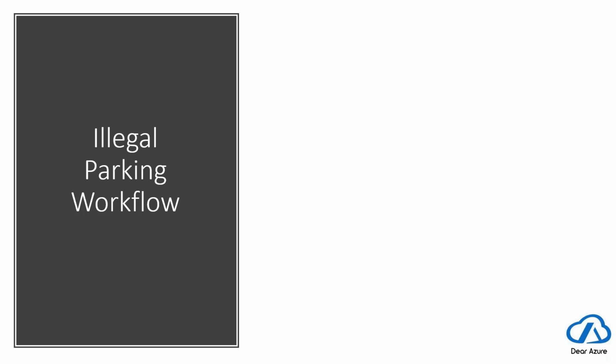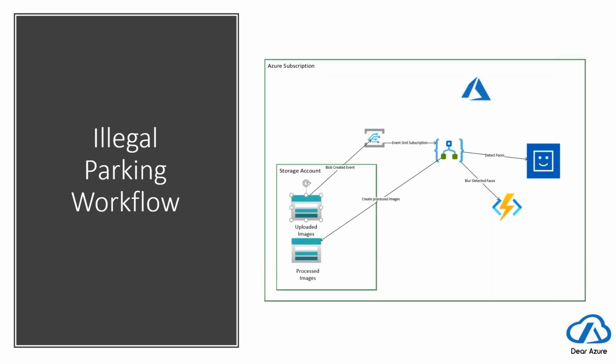If there are, then the system blurs those faces and then saves that copy. So when the copy is propagated inside the system, all the faces in the taken picture are always blurred. This is one of the scenarios that I had to implement for one of my clients a few years back. So the architecture for this intelligent workflow looks something like this.